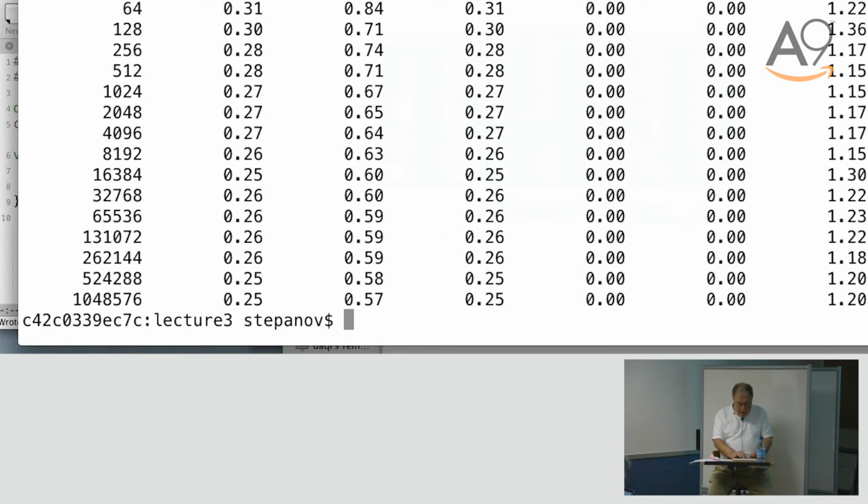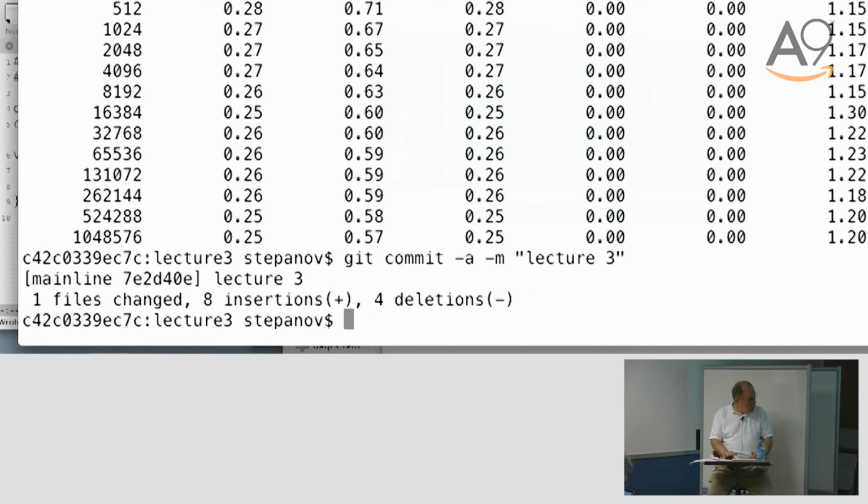So I need to say git commit -a -m. Yes. Lecture 3. That works? I'm trying so that you could see it. Yes? Git push, yes.